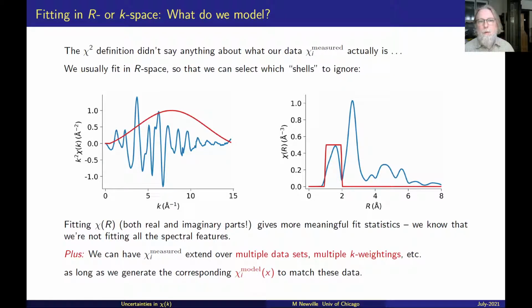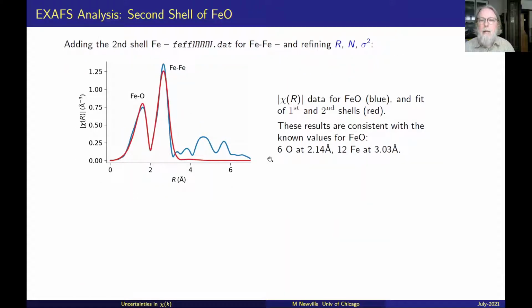And that way, we would not be fitting a single XAFS spectrum, but fitting a group of XAFS spectra. So as long as we can model all of those kinds of data, multiple data sets, multiple k weightings, maybe k and R space together, then we can use all of those different ways of mapping the data as the data that we model. Then we can get a better fit. So all of those things are possible.